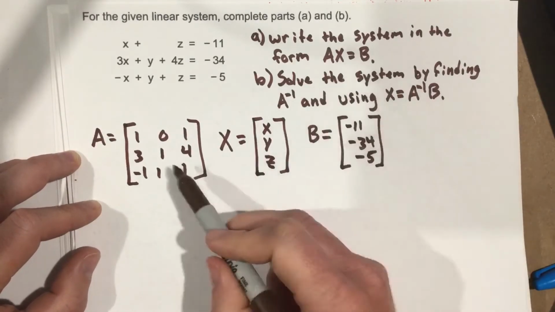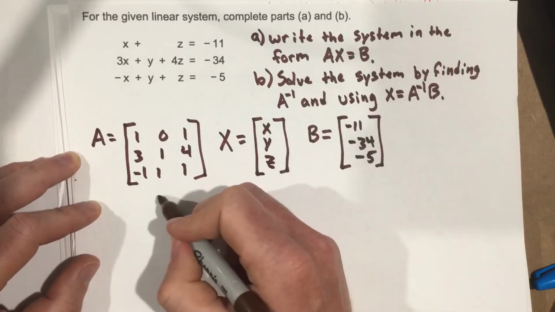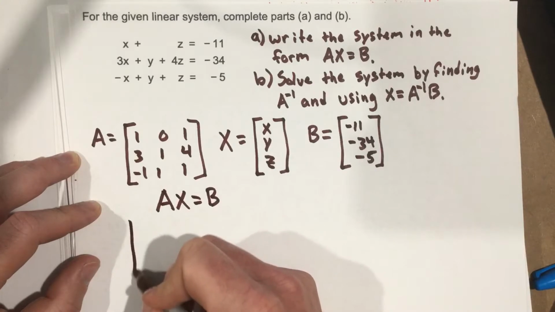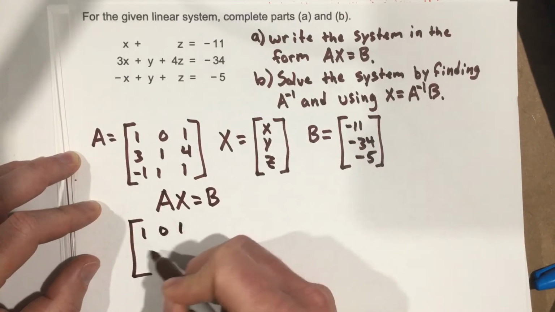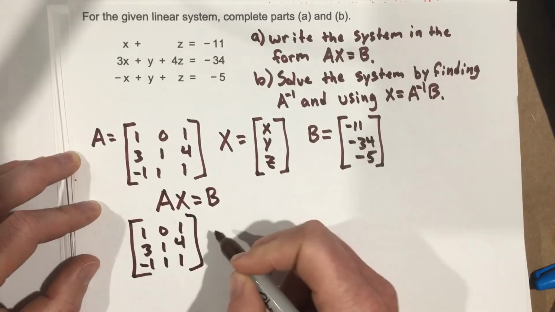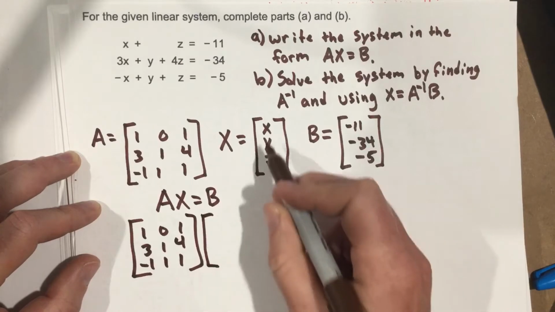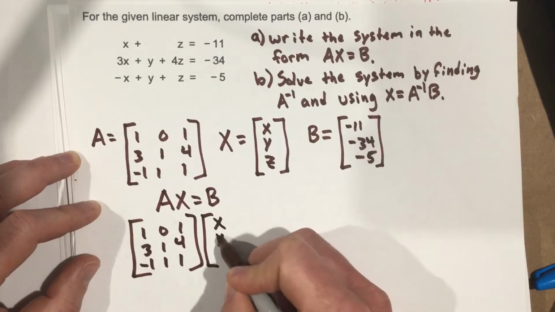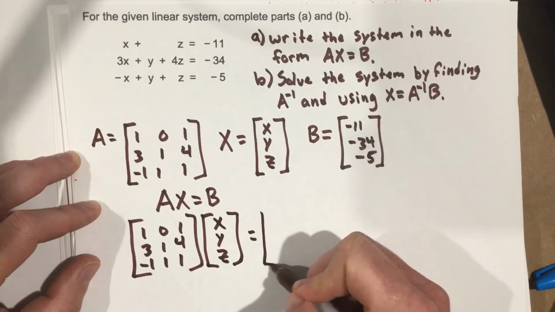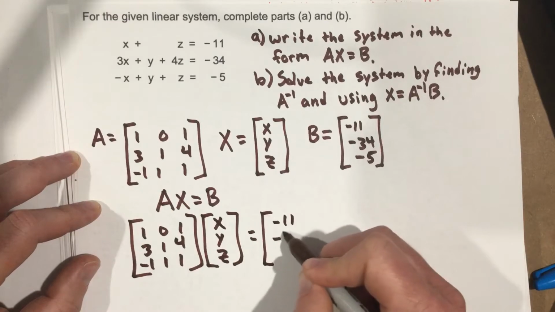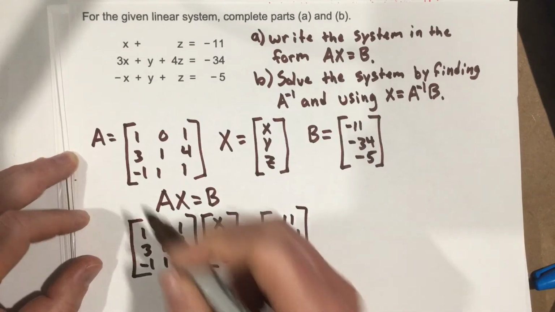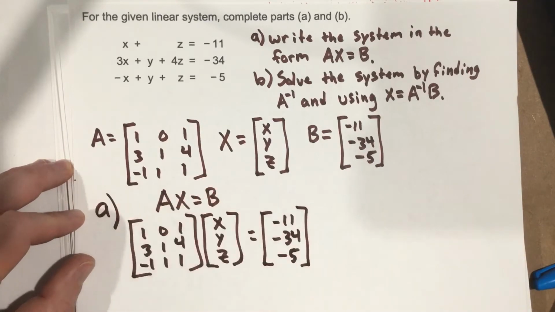And they want us to write this in the form AX equal B. So this matrix, 1, 0, 1, 3, 1, 4, negative 1, 1, 1, times the X, which are the variables, x, y, z, equal the B part, which is negative 11, negative 34, negative 5. So that's part A, complete.